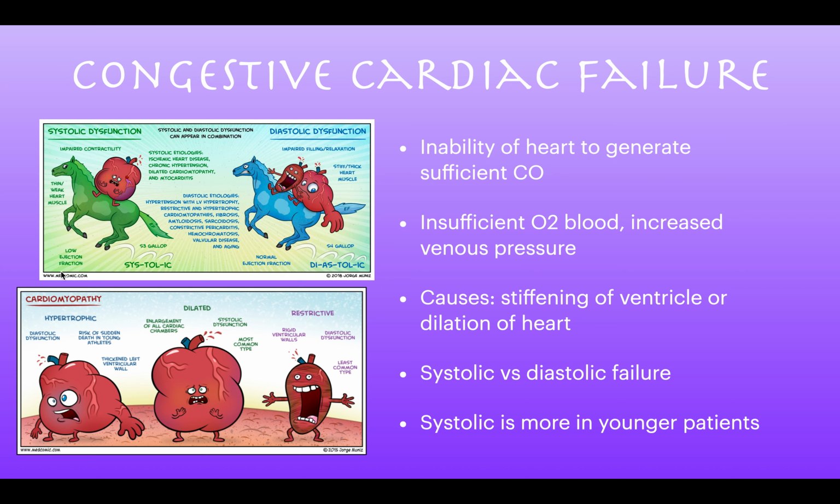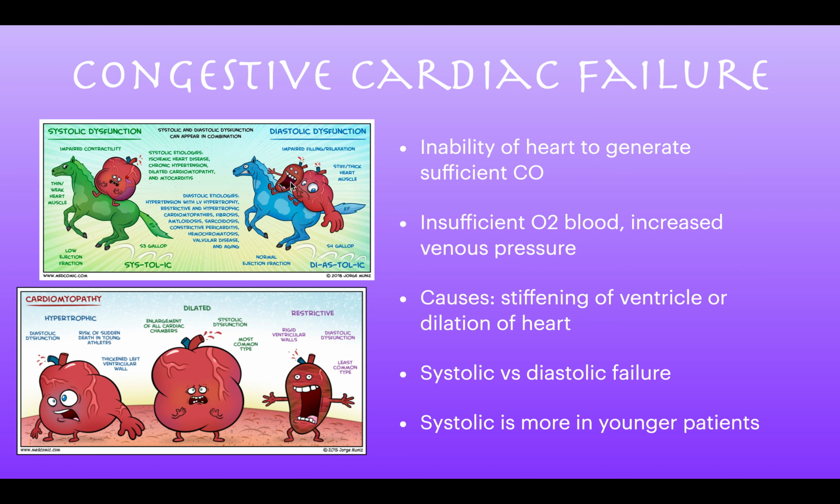There's something called an S3 gallop, and it's going to be due to things like ischemic heart disease, chronic hypertension, dilated cardiomyopathy, and myocarditis. In diastolic dysfunction, there's going to be a failure of relaxation.